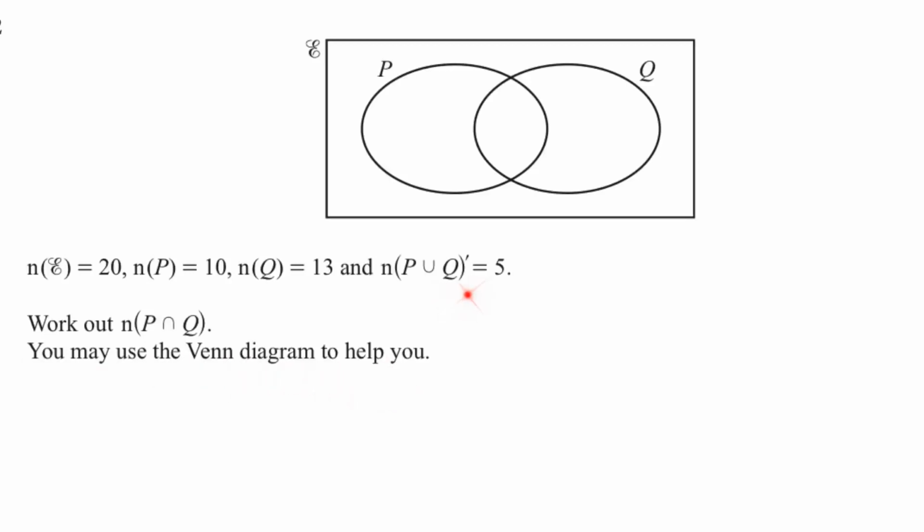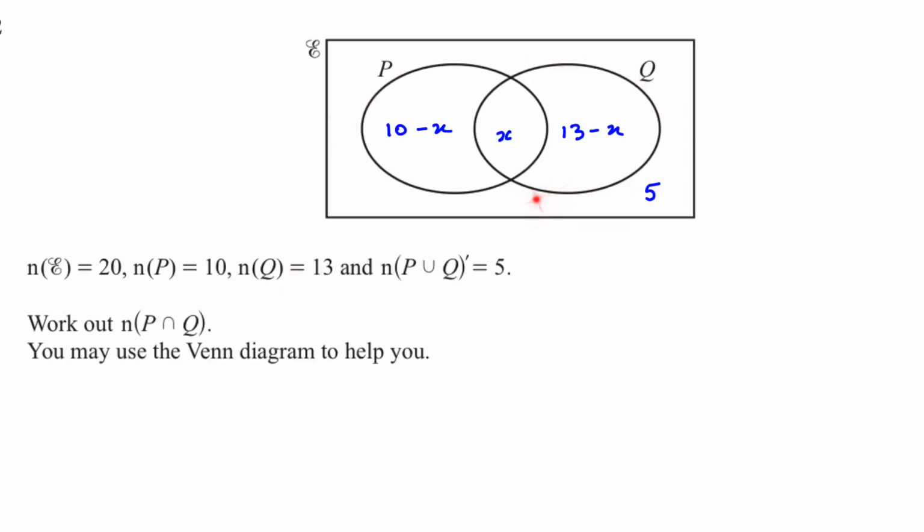First, let's write down 5, and the intersection we will write it as x. If this is x and the whole set P is 10, the only P part will be 10 minus x. And here we will have 13 minus x.